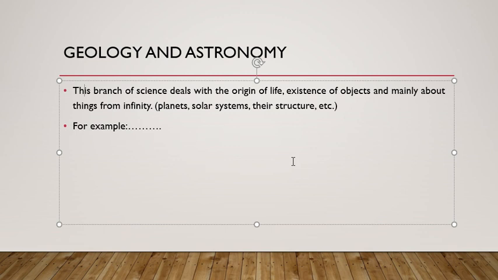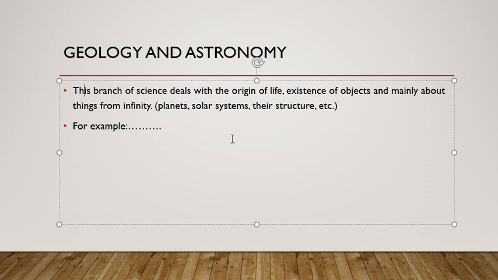The branch of science that deals with the origin of life, existence of objects, and mainly the things from infinity. How are we able to exist, how is our environment suitable for us, what is our environment made up of, and such things like the origin of our environment and the sun, stars, and other planets.